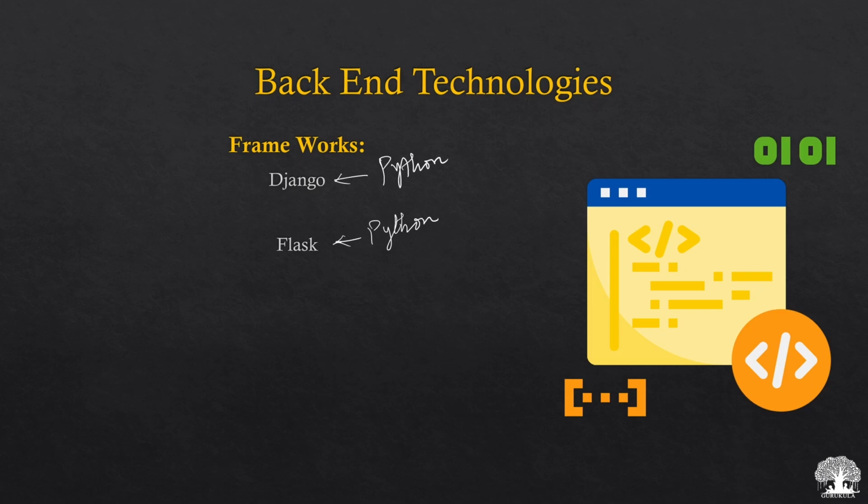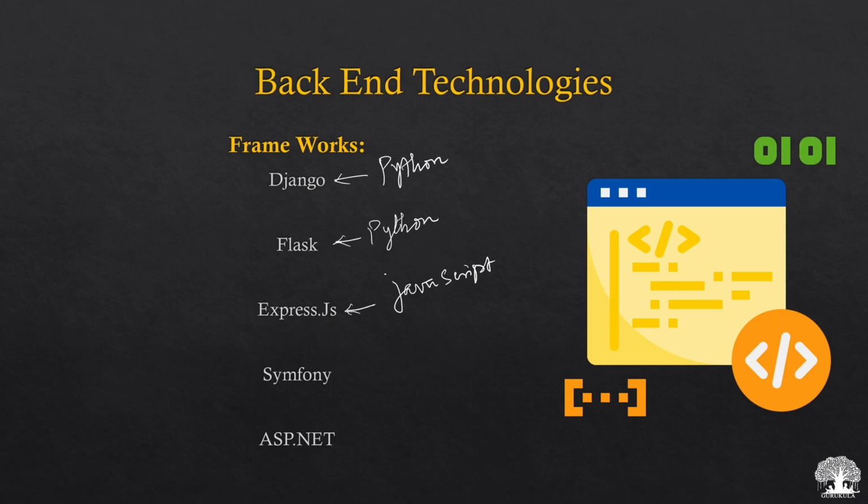The next majorly used framework is Express.js, where we will be using JavaScript as the programming language. This is a minimal and flexible Node.js web application framework that provides a robust set of features for web and mobile applications.